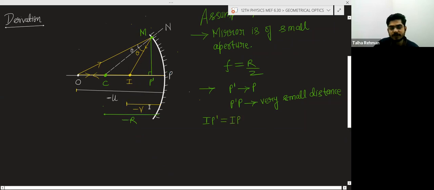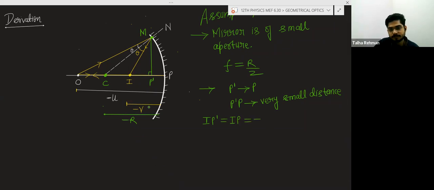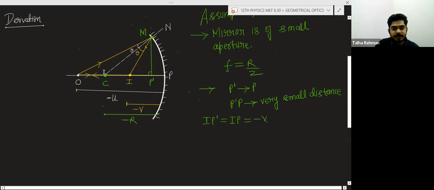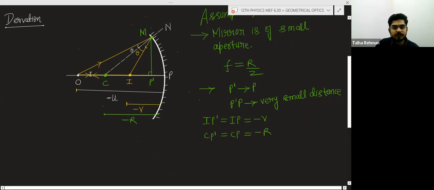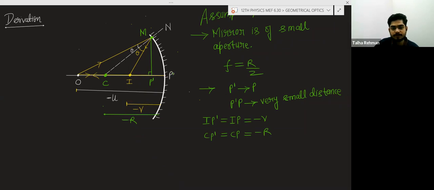IP is minus v. You can say CP dash is equal to CP, and CP dash is equal to minus R. You can say OP dash is equal to OP, and what is OP? OP is minus u. So remember this point.